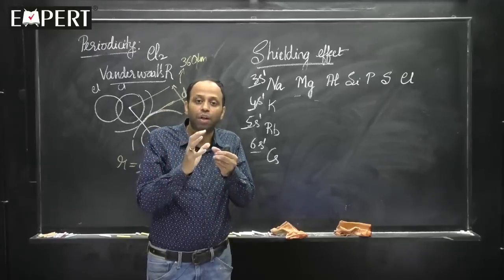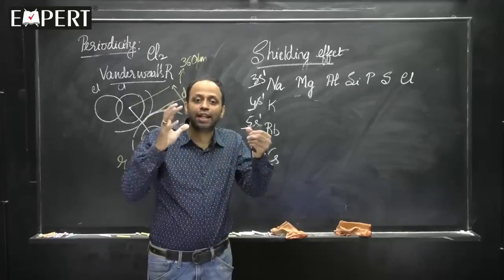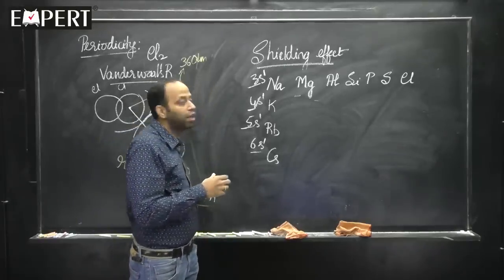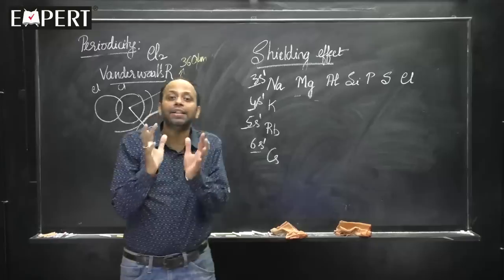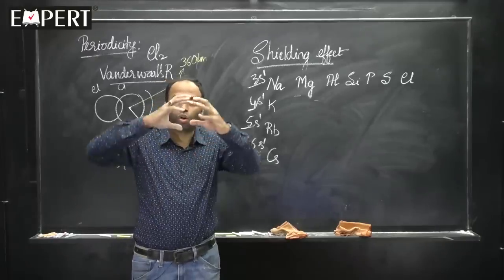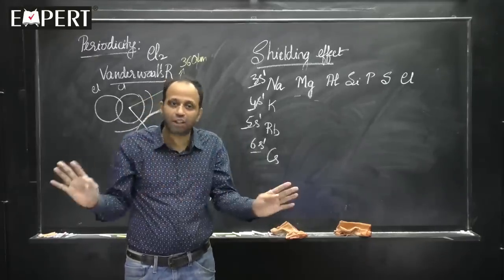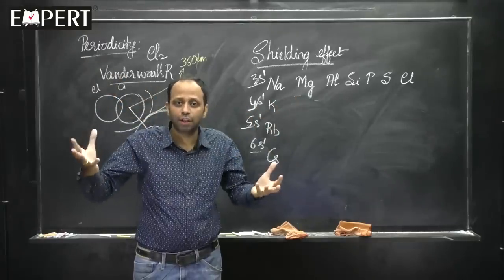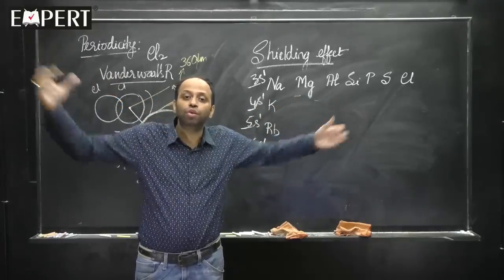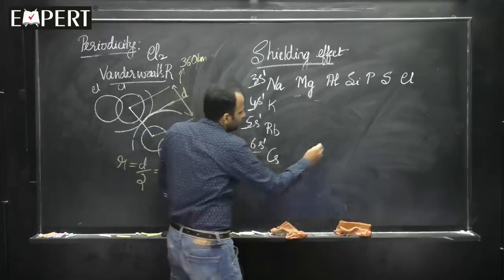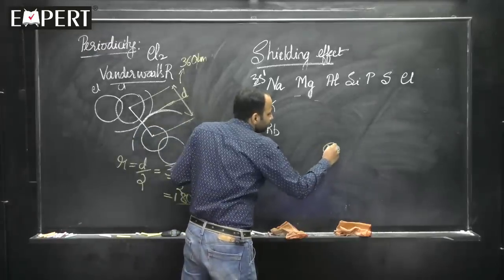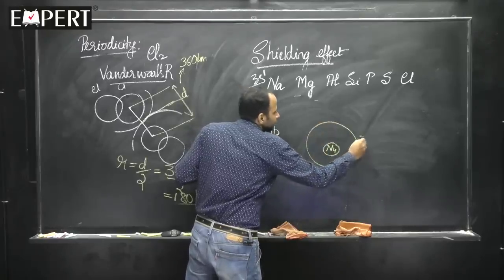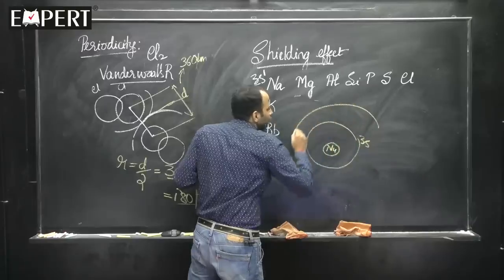As the principal quantum number increases, the size of the orbital also goes on increasing. So, these are all s orbitals. S orbitals are all spherical in shape. Shape will not change. Size of the orbital will change. Size means the distance from the nucleus. So, if I take the nucleus, you have 3s, you have 4s.